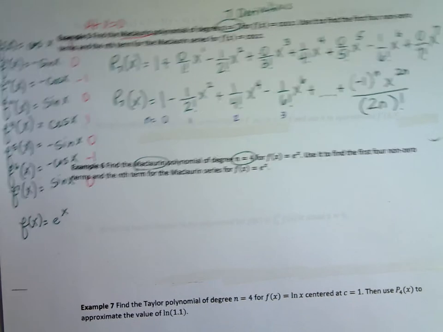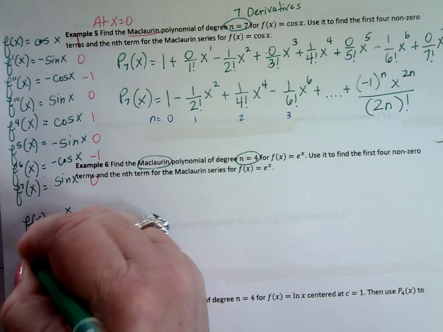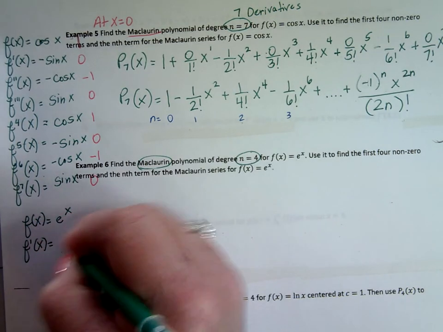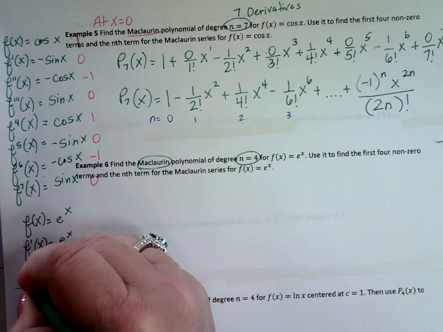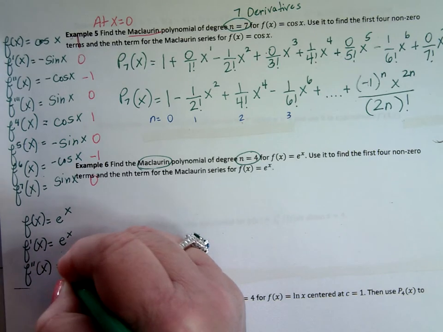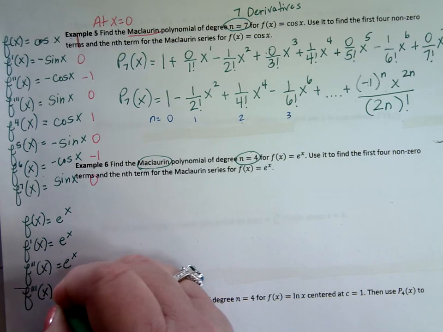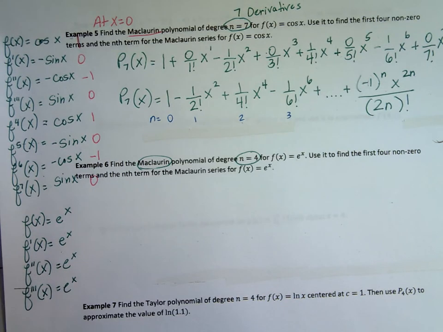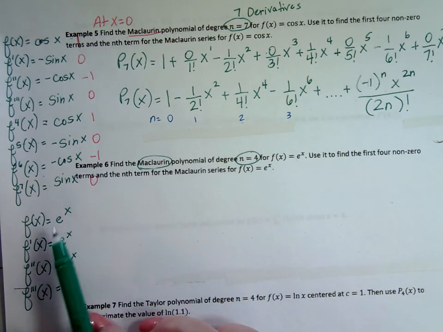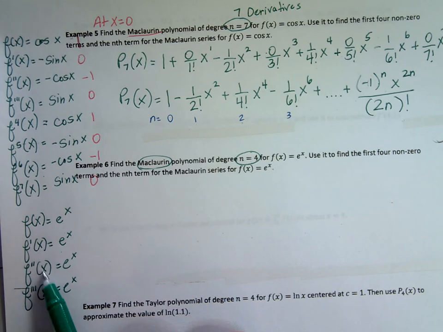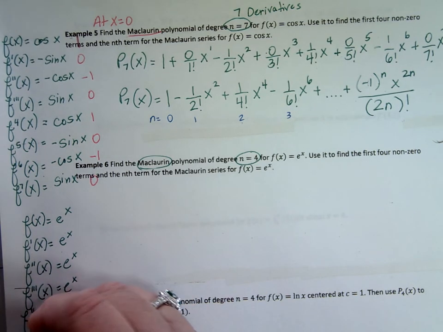Now, this is pretty. Watch this. First 4 derivatives. F prime of x. Well, what's the derivative of e to the x? E to the x. What's the derivative of e to the x? E to the x. What's the derivative of e to the x? It's e to the x. Function, 1, 2, 3. Here comes 4.